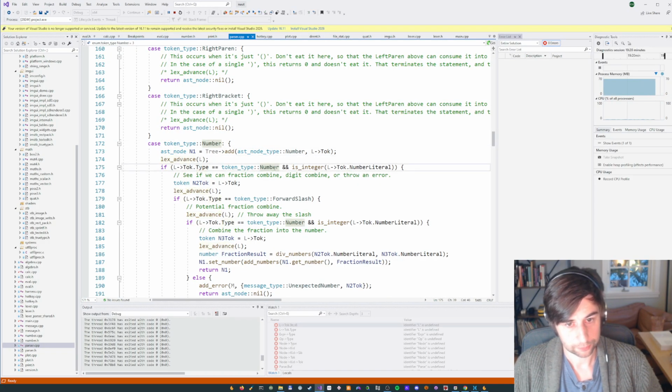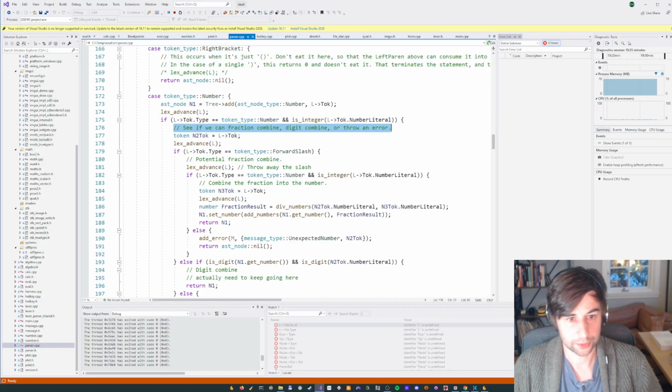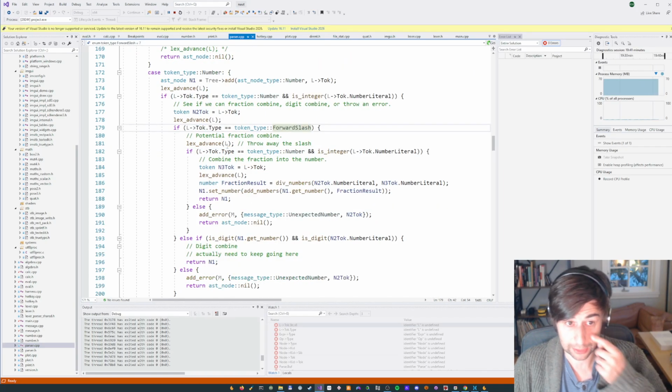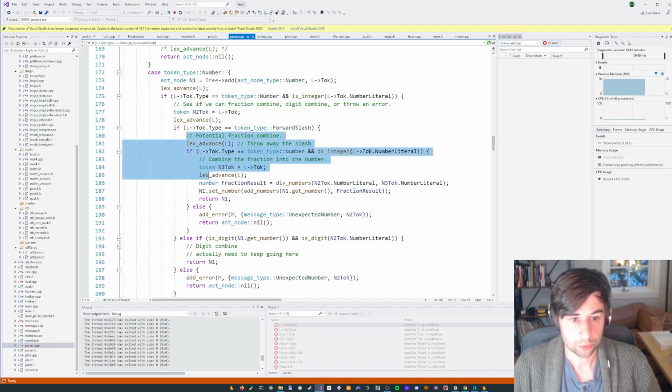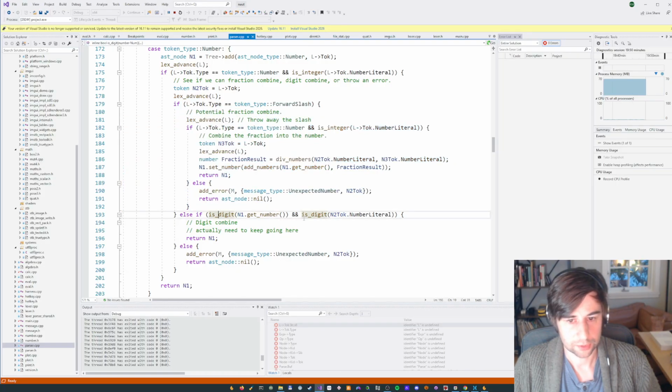If it's a number and it's an integer, then we try to do a fraction combine. So we advance the token again and look for a forward slash. If we find a forward slash, then we do the fraction combine on those by getting the next integer again. And if we don't, if it's a digit, then we do a digit combine.